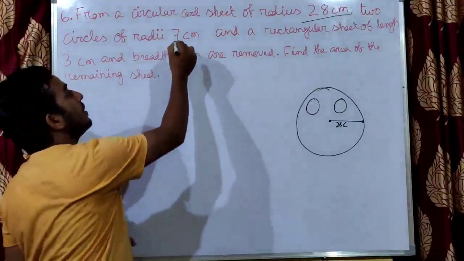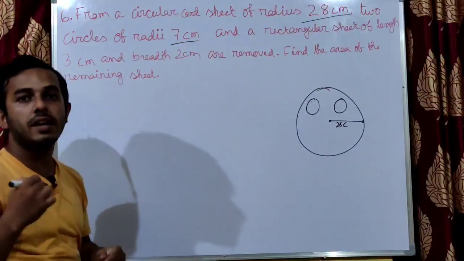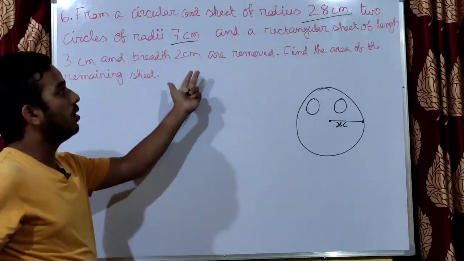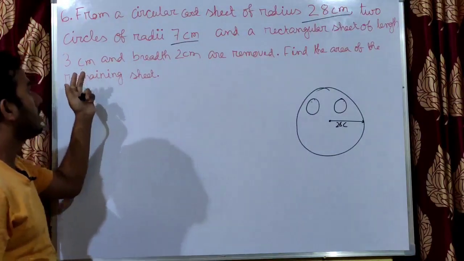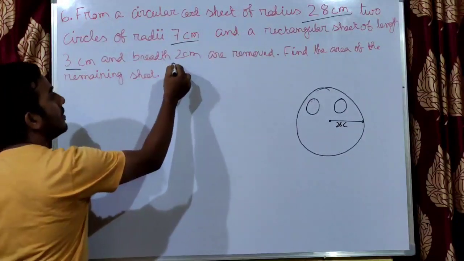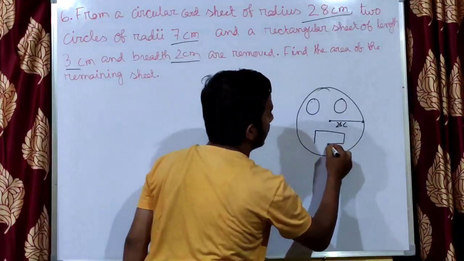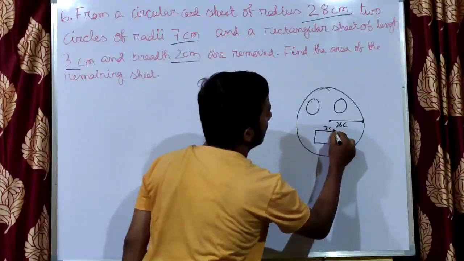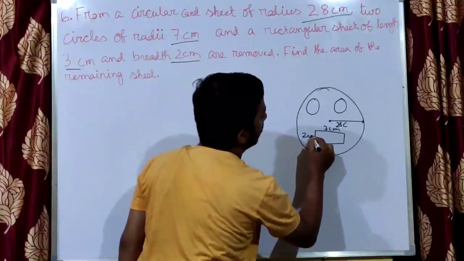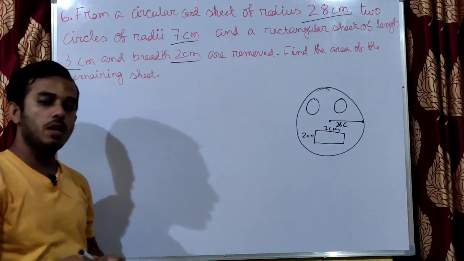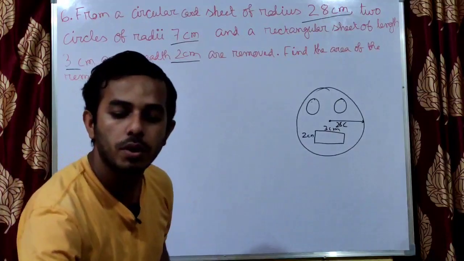It is 7 cm. And another rectangle whose length is 3 centimeter and breadth is 2 centimeter. Suppose its length is 3 centimeter and breadth is 2 centimeter. If you have any problem, look here.